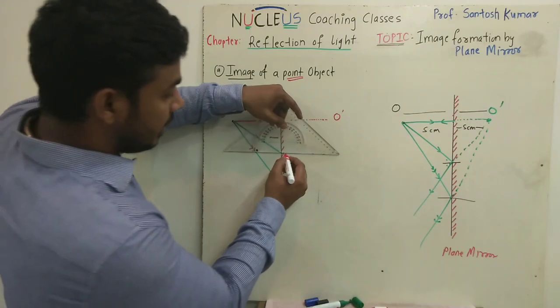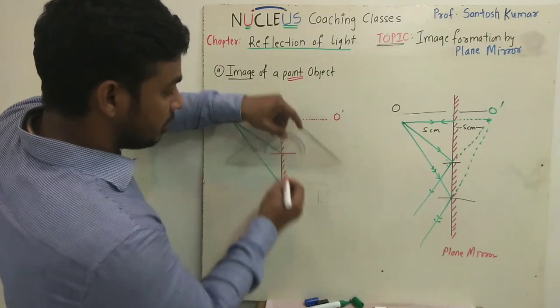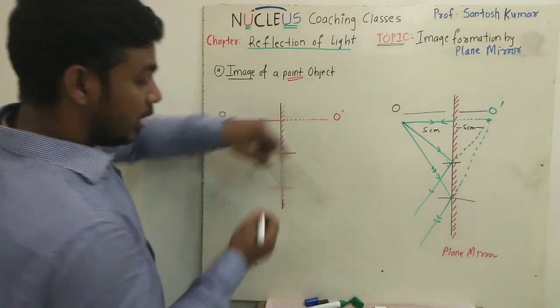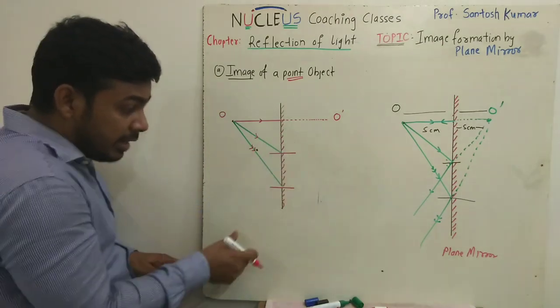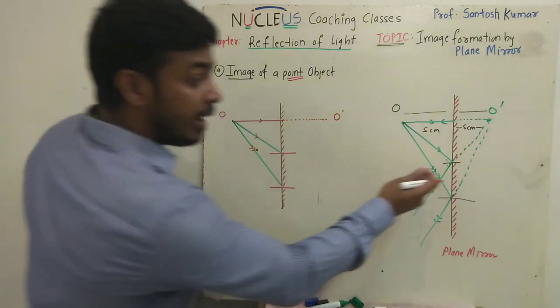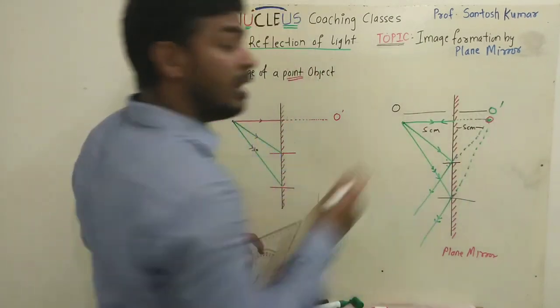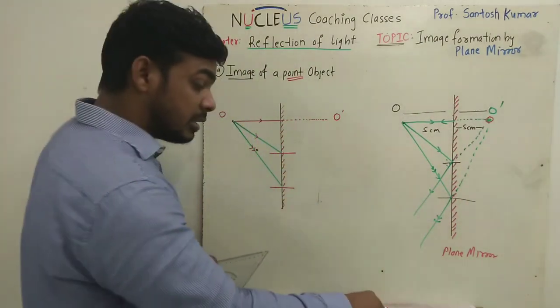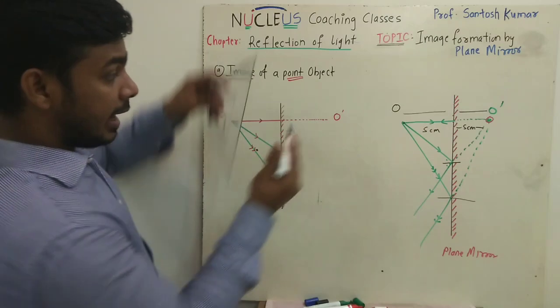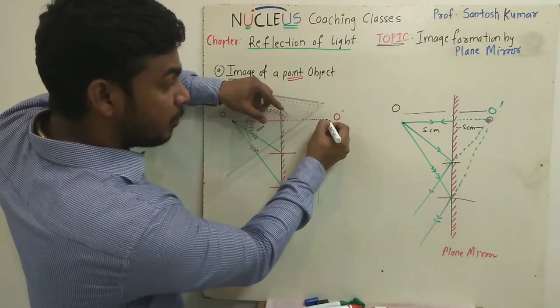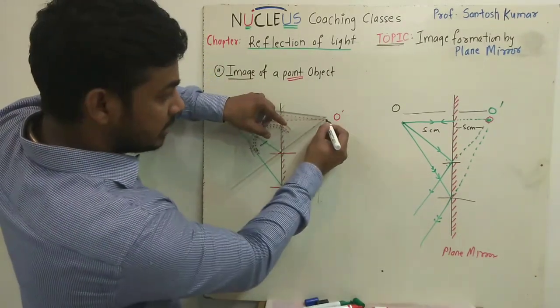So I will draw the normal for them. This is the normal. Now we know that after reflection they will get reflected in this way, but if I extend them backward, they will definitely meet at this point. So for construction, I am joining point O dash with this point. See here.